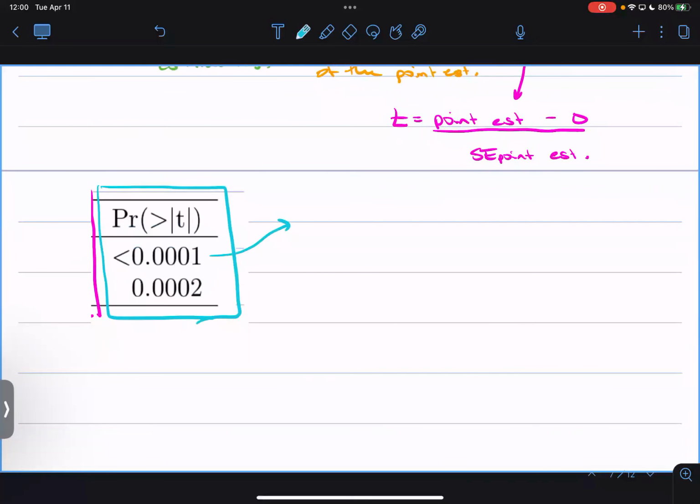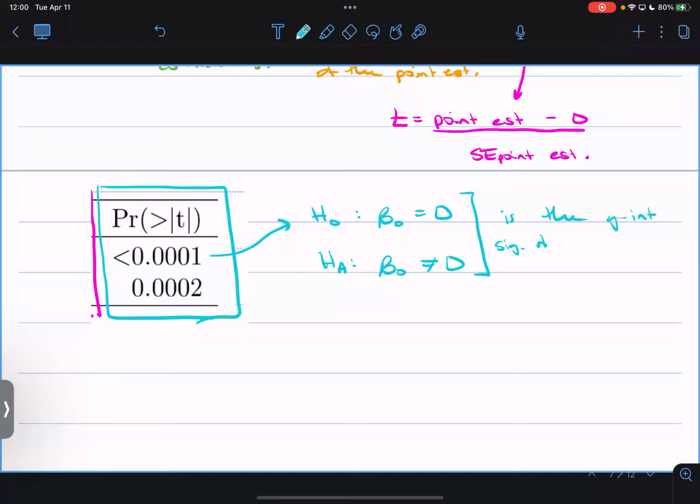Now this top one is testing the null hypothesis that the y-intercept, the population y-intercept is 0 versus the alternative that it's not 0. Right? Not that fun, right? Here we're seeing is the y-intercept, I'll just say int, significantly different from 0. We get a very small p-value, so yes, it is.